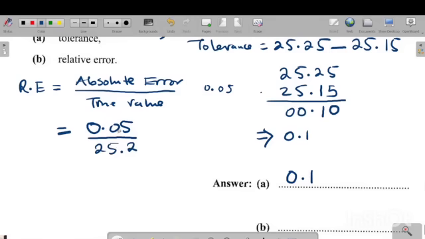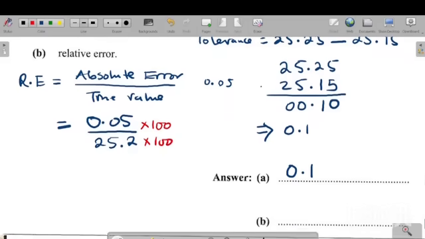When you look at these numbers, the numerator has 2 decimal places and the denominator has 1 decimal place. Because the numerator has 2 decimal places, we are going to multiply the numerator by 100, and what we've done here, we also do it here, so that we have a whole number on top.